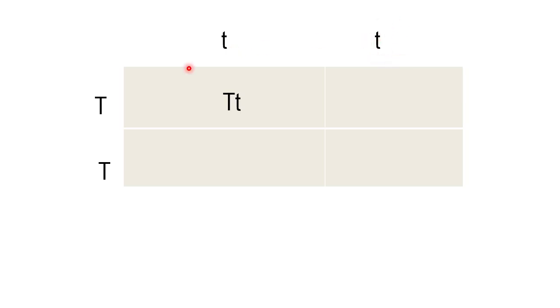So if you get the capital T from this parent and the small t from this parent, you are going to see a genotype of capital T and small t. Similarly over here, the capital T from here, the small t from here, again the capital T from here and the small t from here.